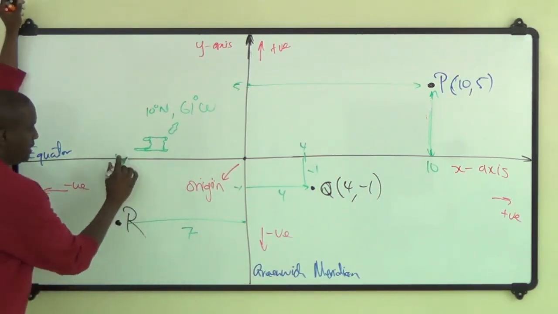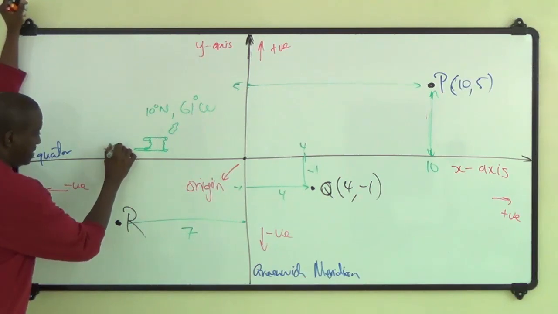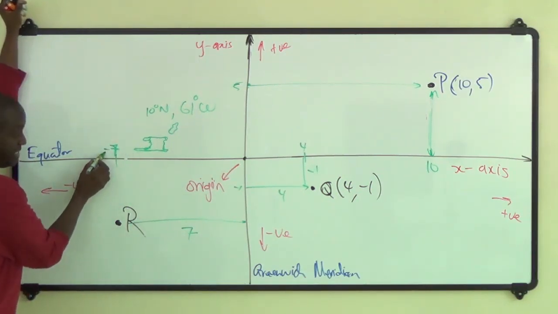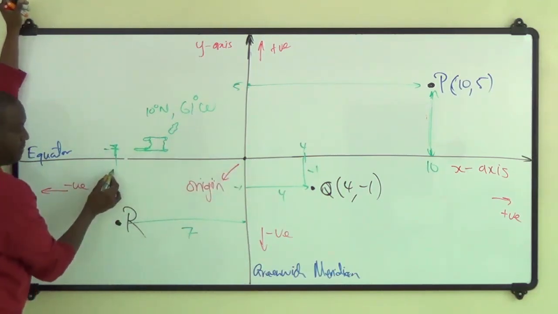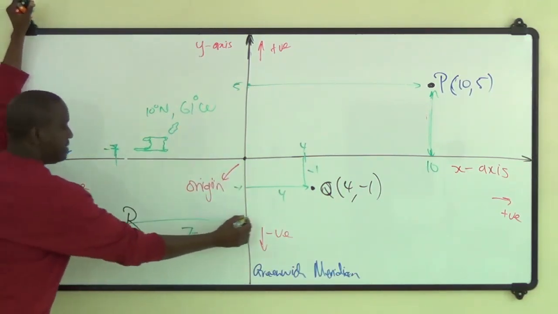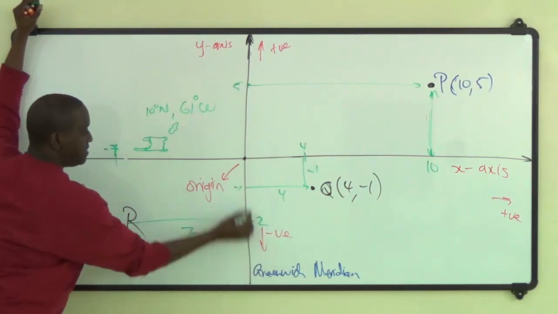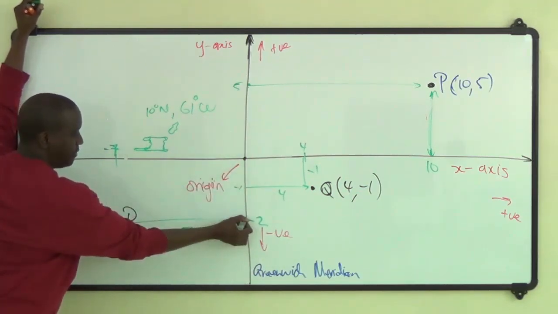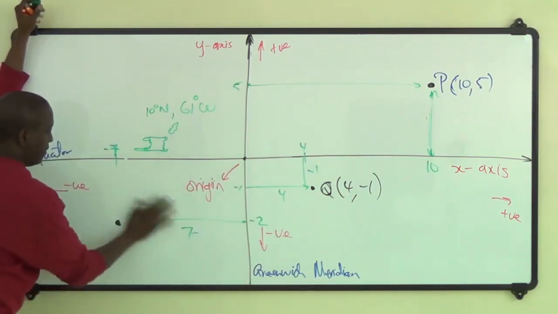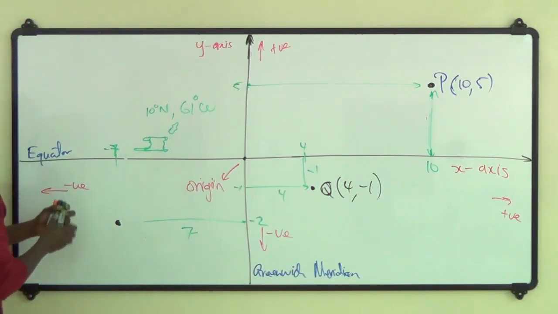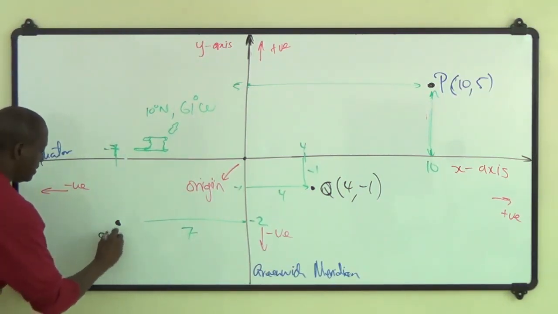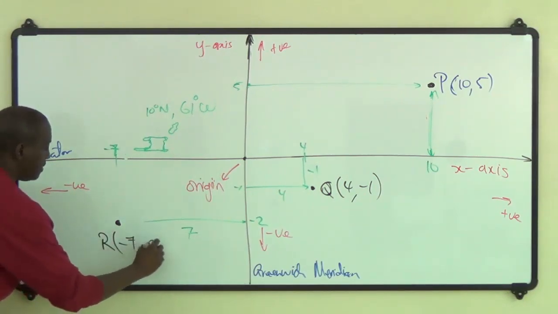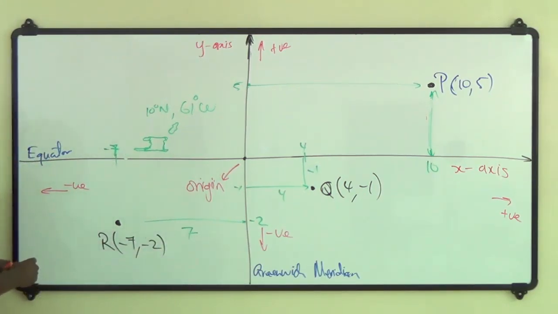The only thing the minus sign means here is that the distance is measured to the left of the origin. Similarly, this distance is minus 2, which is to say it is measured down from the origin, so the point R would be the point minus 7, minus 2.